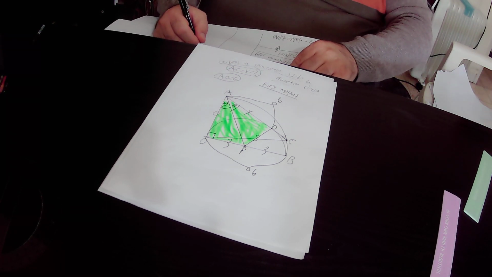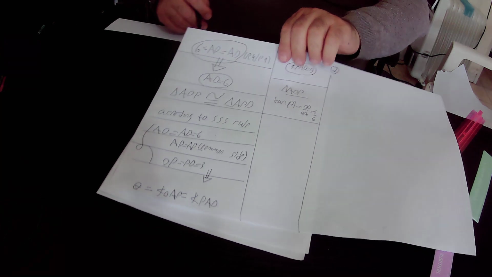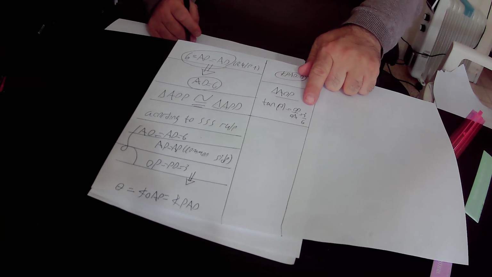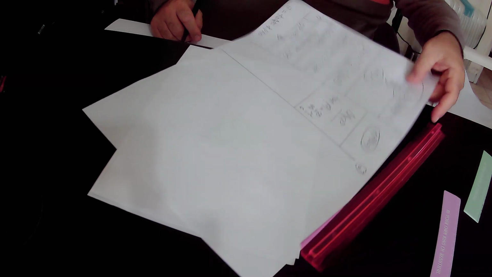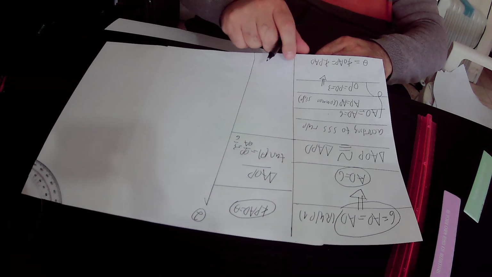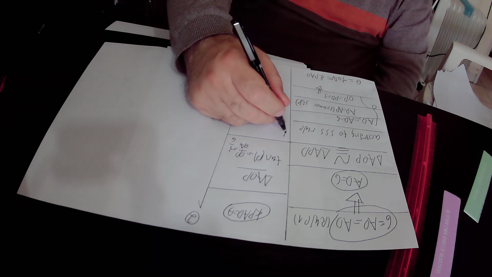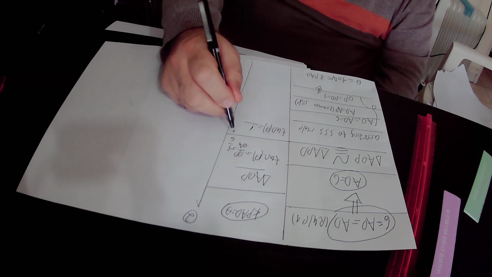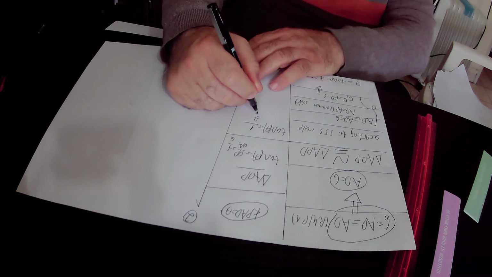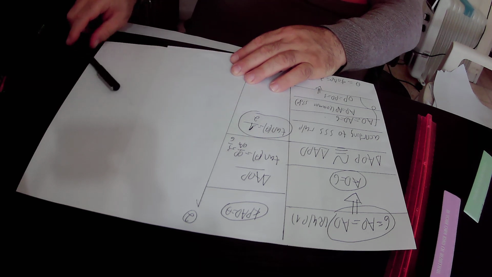So in conclusion, we found out that tangent theta equals 3 over 6. Here we divide both the numerator and the denominator by 3, and we get that 3 over 3 is 1 and 6 over 3 is 2. So in conclusion, tangent theta equals 1/2.